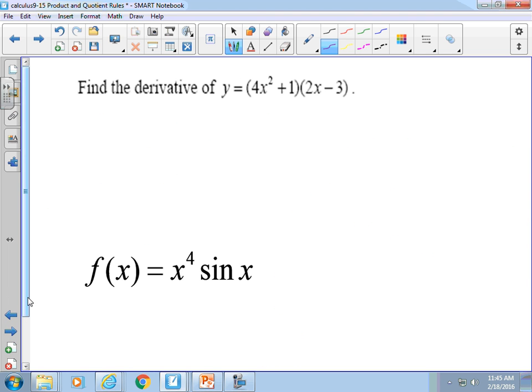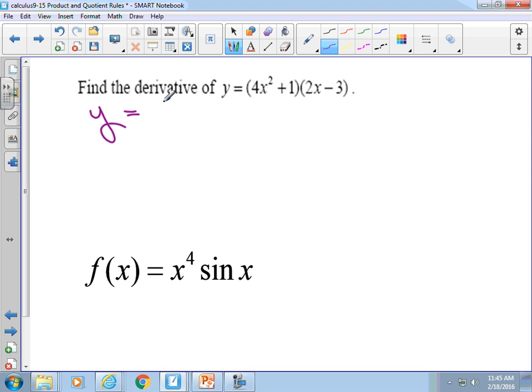Okay, so we're going to practice doing some derivatives. We now have some new rules. I agree. We do not have to use a new rule on this one. Why? Yeah, I could just FOIL.